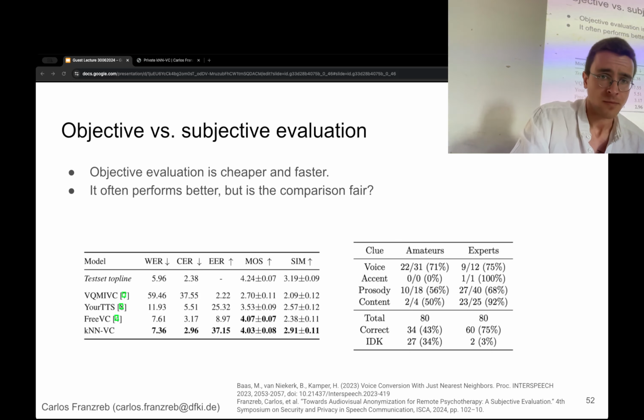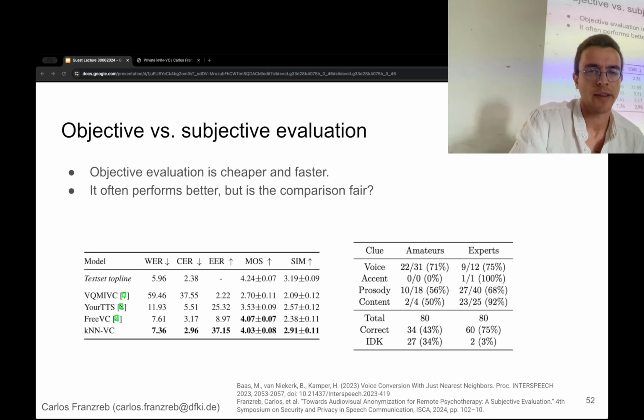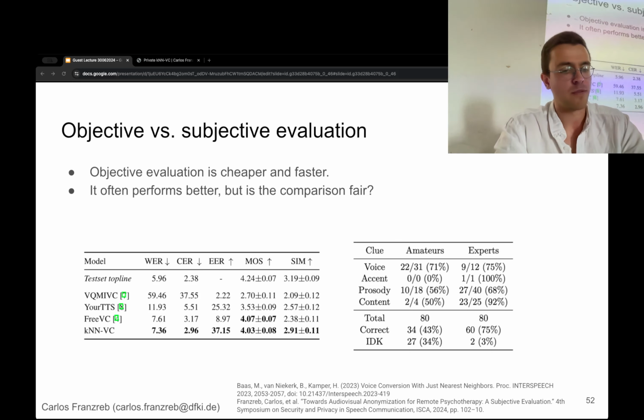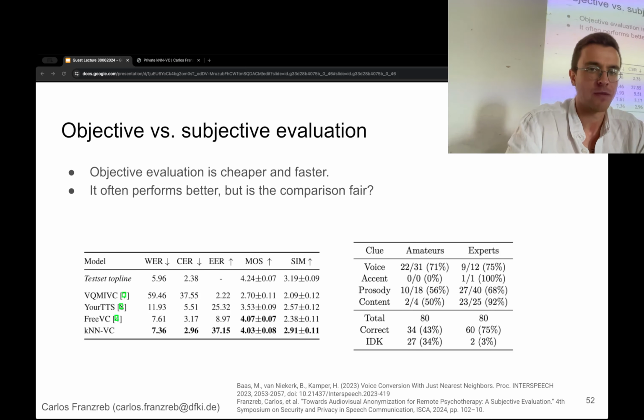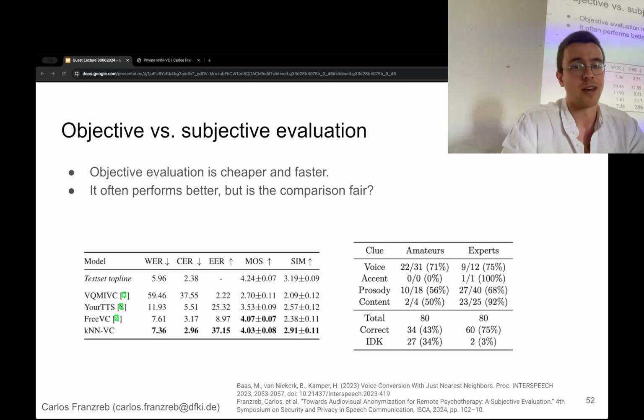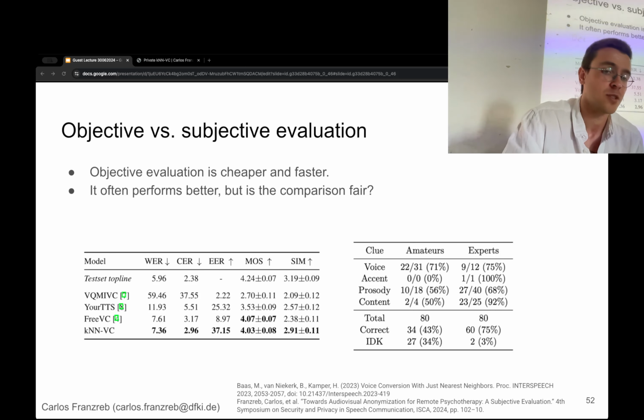You see that experts, which are therapists, are able to identify the speakers in 75% of occasions, whereas amateurs in 43% of occasions. But in both of these scenarios, they all had some kind of background information, and the number of speakers was only 4, which is, of course, very much easier for them.